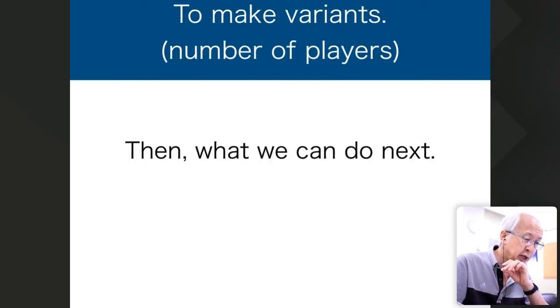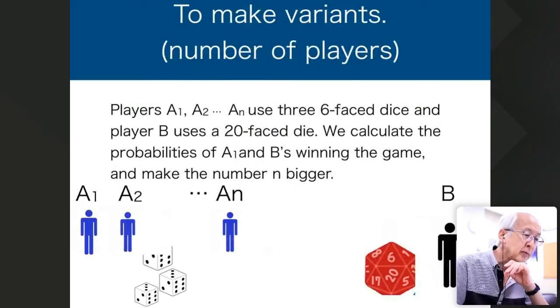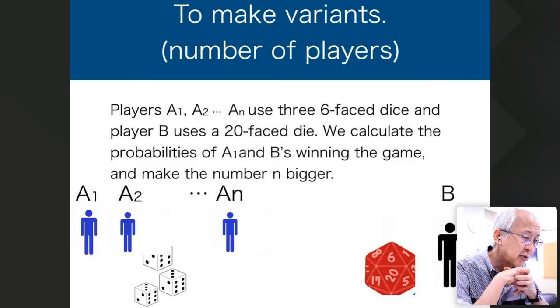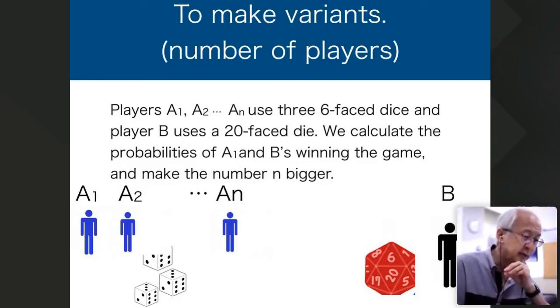Then what can we do next? We make the number of players bigger. This is the case with quite many players, A1, A2, up to AN, who use 3 six-face dice, against player B, who uses a 20-face die.